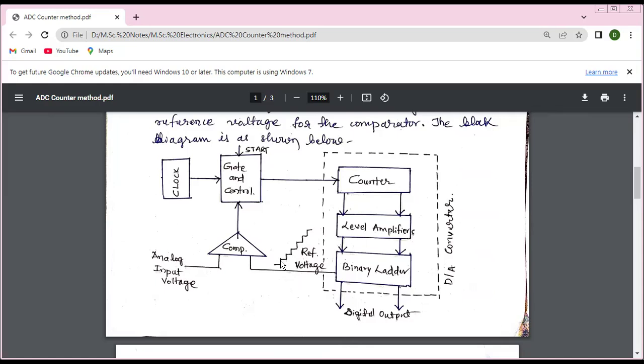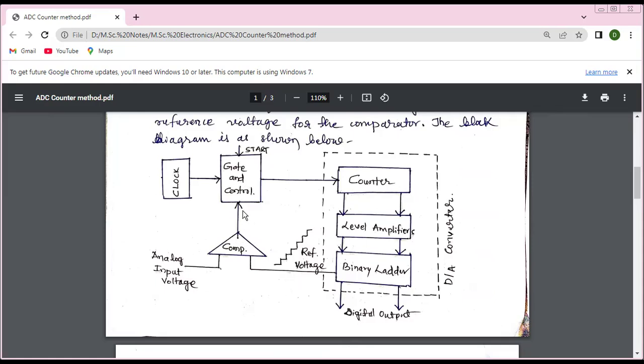And initially, when you switch on the circuit, the reference voltage will be 0. That is why this is 0, and 1 volt is here, and 1 volt is produced here. The comparator produces 1 volt. So there is an output from this comparator, and that is given to this logical circuit.